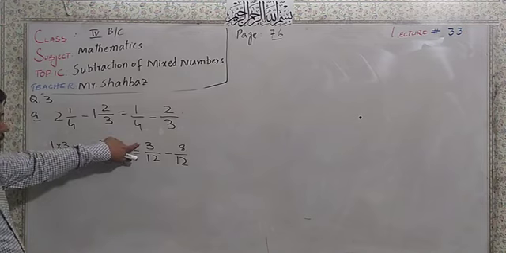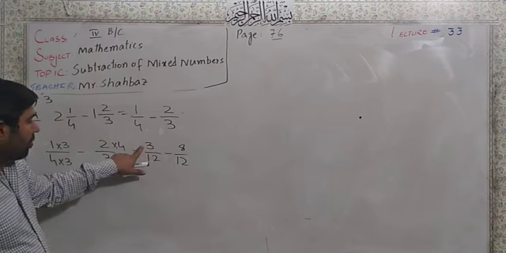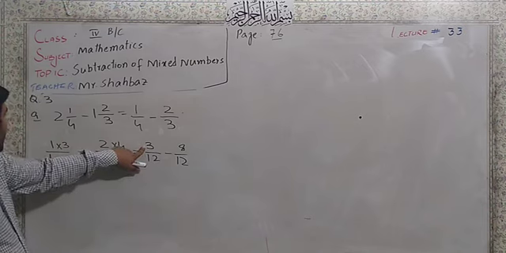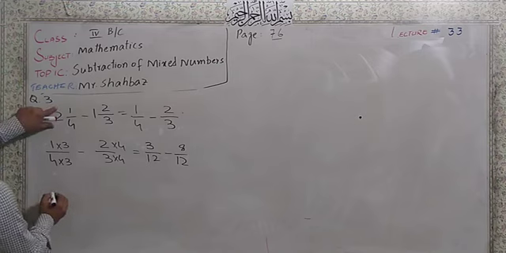Here you consider this is smaller. 3 minus 8 is not possible, so we will make this greater. Again, as previous, we will take this whole number. Whole number, this is 2.